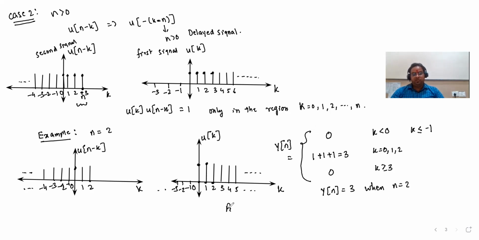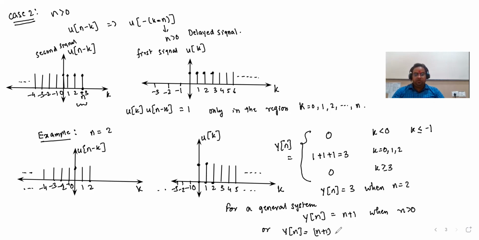So for a general system, y of n will be equal to n plus 1 when n is greater than or equal to 0, or simply we can say that y of n will be equal to n plus 1 times u of n.